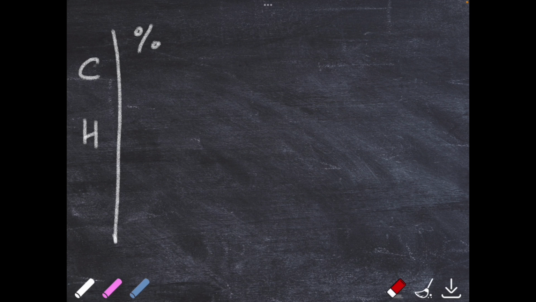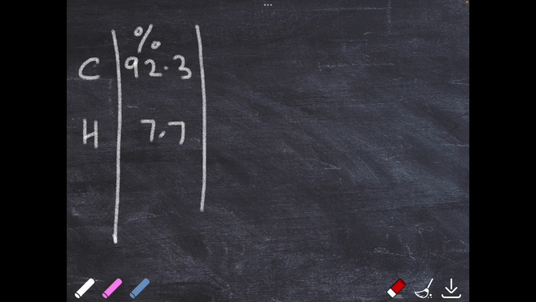Okay, so what we do is, first of all, we'll make columns. In this we'll write the names of the elements. Then here we will write the percentage. This is 92.3% and this is 7.7%. In the second column we'll write the atomic mass.